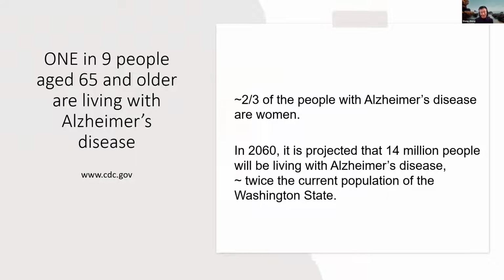How many of those people is? It is twice the total population of Washington state. Imagine that 2 Washington states' entire population of people will be living with Alzheimer's disease by the time that you are at the age of elderly.